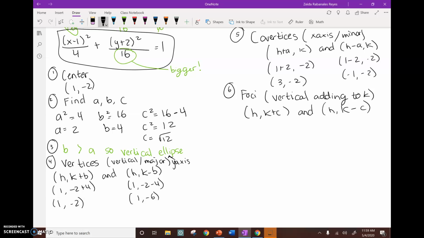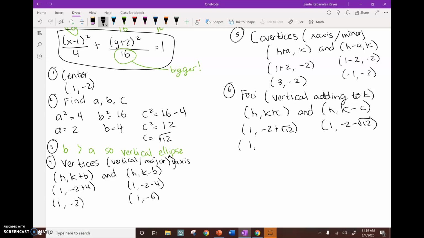So then I have my H is 1 comma negative 2 plus square root of 12, 1 comma negative 2 minus square root of 12.